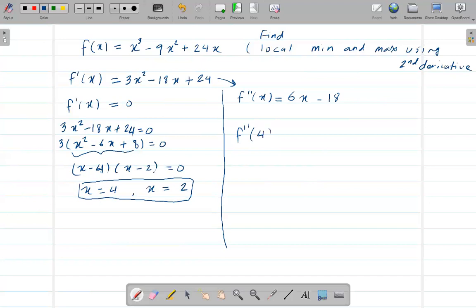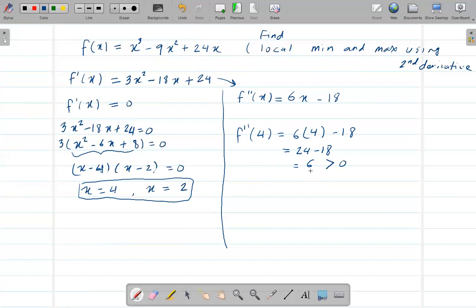So f double prime of 4 is 6 times 4 minus 18, which is 24 minus 18, which is 6.